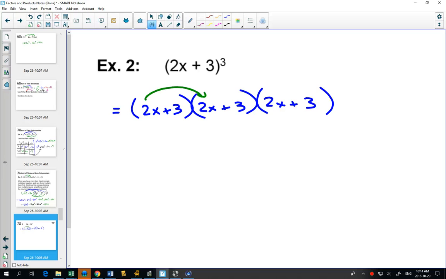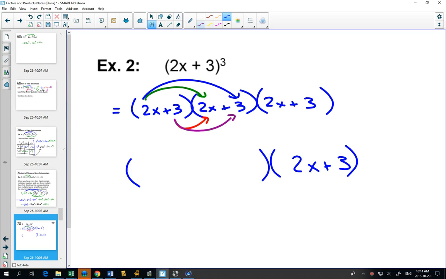And if I multiply these first, I'm going to have to FOIL it out. So that will give me, okay, my green arrows would give me 4x squared.